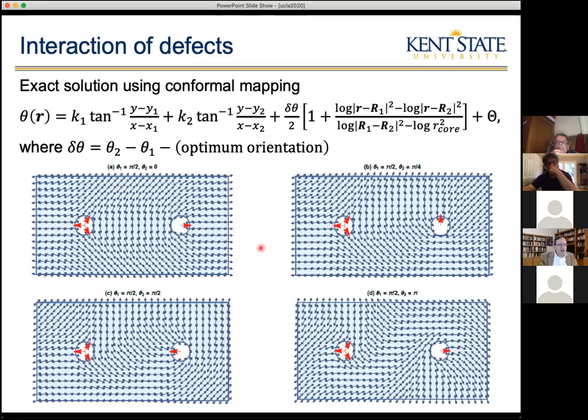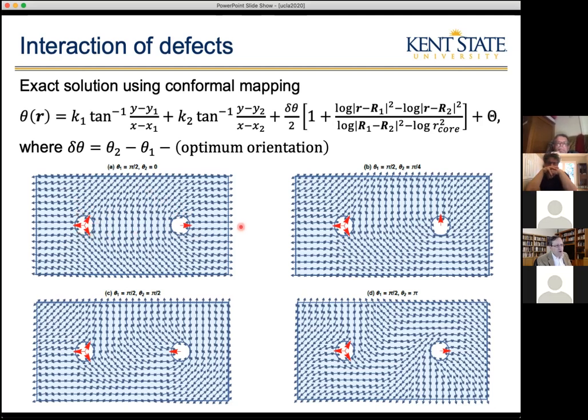we did a calculation like this. Suppose you have a -½ defect over here and a +½ defect over there. In order to specify the orientations, I draw a little circle around each of these defects at some core radius, and I specify the director everywhere on the core.